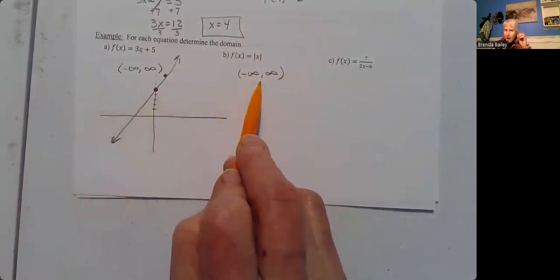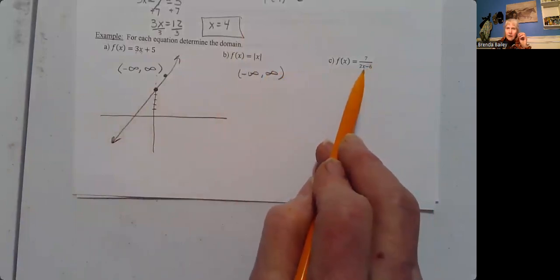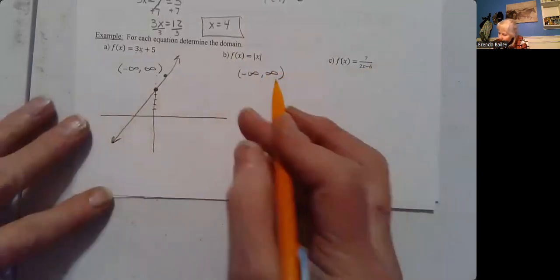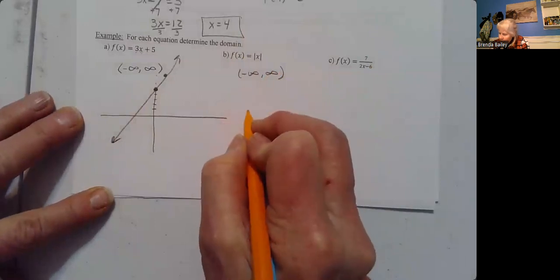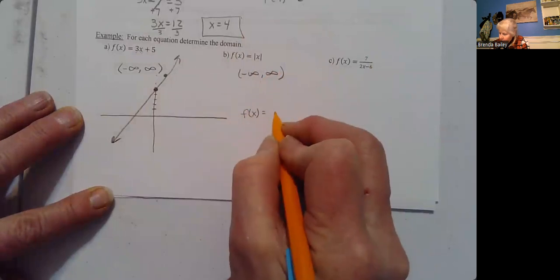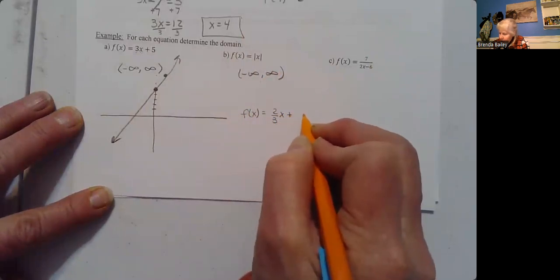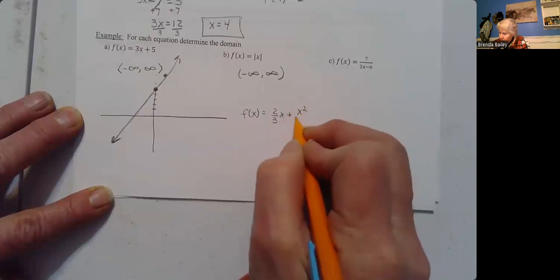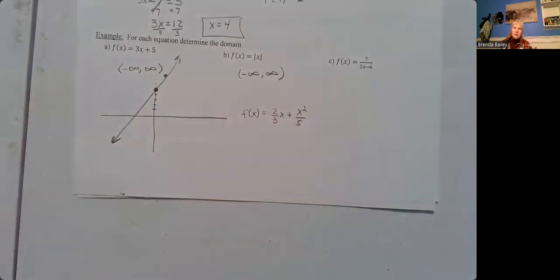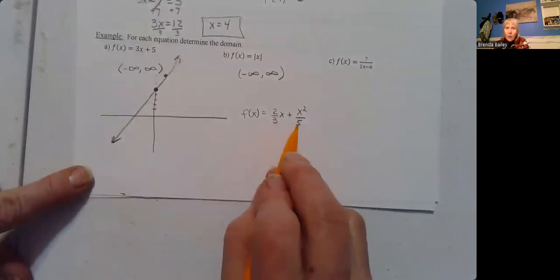And when I say a fraction, I mean that the x is in the denominator. See, if I had f of x equals 2/3 x plus x squared over 5, that has fractions, but there are numbers down in the denominator, and those can never become 0 by themselves unless there's a variable.